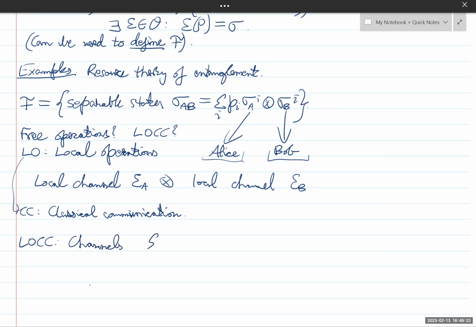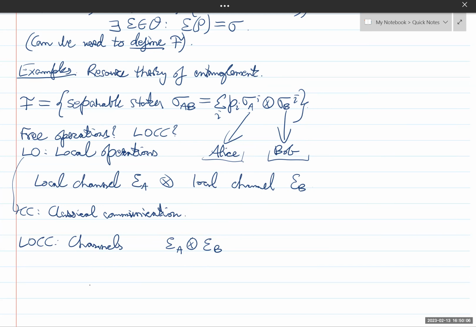let me represent it as a composition rather than a sum.